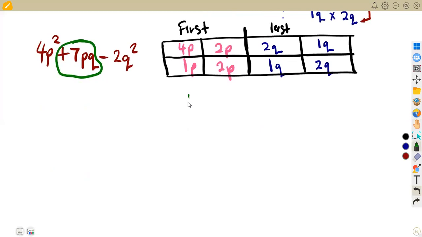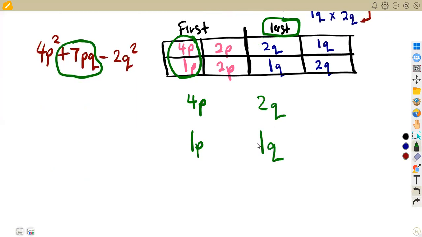So let us try. We take our first with 4p and 1p. Like I said, it's a trial and error. Corresponding to the last, we take 2q and 1q. In order for us to get a negative 2q squared, one of these must be negative.